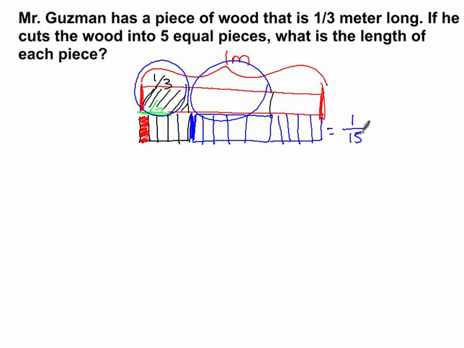Another way to think about this is just going through the actual concept step by step. If I have 1/3 of a meter, I'm now dividing my 1/3 by 5. It's hard to take a fraction and divide by a whole number. So instead of calling this just 5, I'm going to refer to this as a fraction because every number is a fraction.